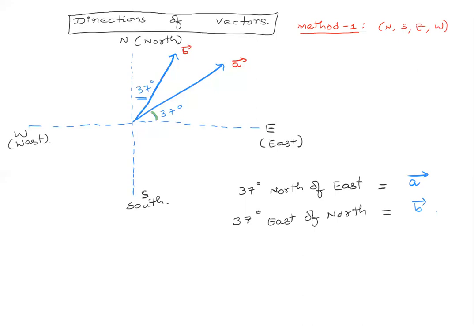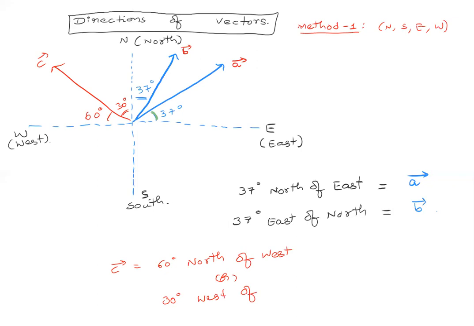Now you take one more vector which is c bar like this. If this is making an angle of 60 with negative x, then this will make 30 degrees. So your c bar can be written as 60 degrees north of west, or the same vector you can write as 30 degrees west of north.